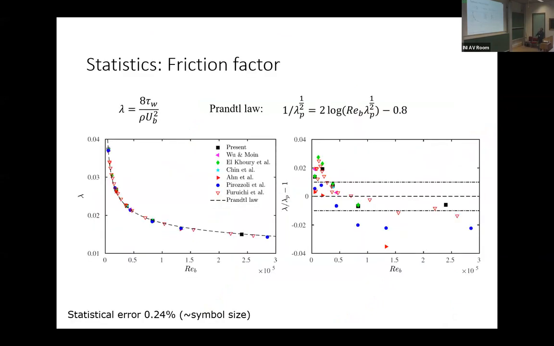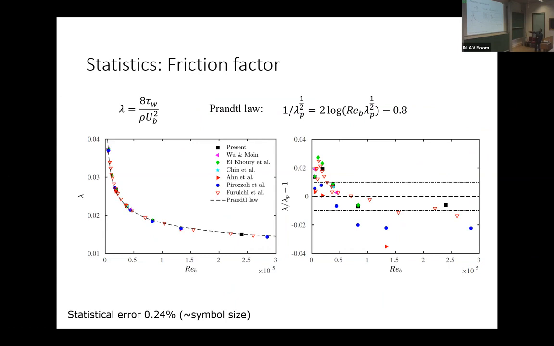Now, just for the end, I have, I think, 2 slides with a little bit of statistics to give you an idea of the quality of the data that we have. So we start with very low order statistics, just looking at the friction factor, so the pressure drop that you would get. So the Prandtl friction law, here you see it normalized, where any deviation from 0 would indicate an error compared to the Prandtl law.